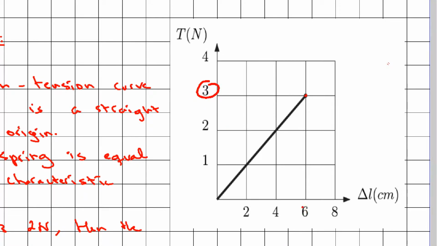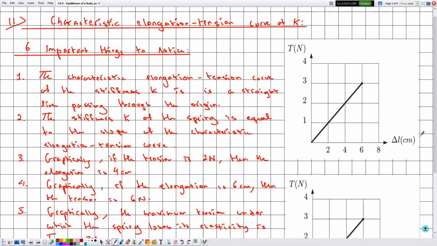So the same here. Now any elongation undergone by the spring greater than 6 centimeters, then in this case the spring also may break out or lose its elasticity.